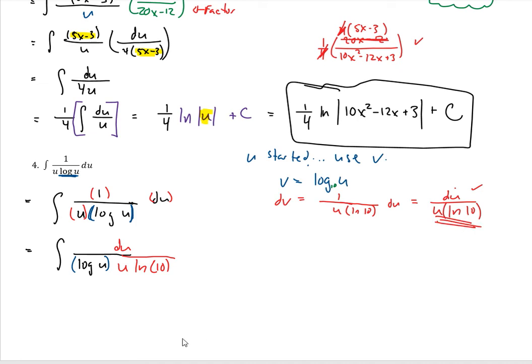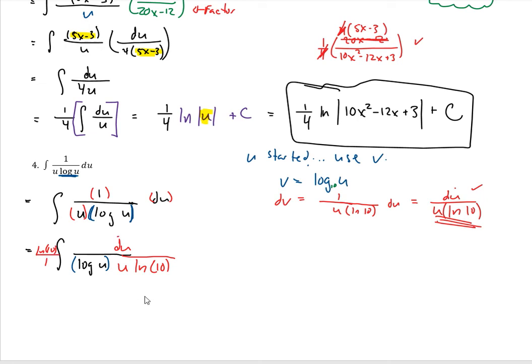And then again, whatever I do to manipulate the inside of the integral, I just multiply the outside by its reciprocal. So if I'm putting an ln of 10 in the denominator, which is a constant, all I'm going to do is put an ln of 10 outside in the numerator. And you put it under 1 if you want to, just like that.